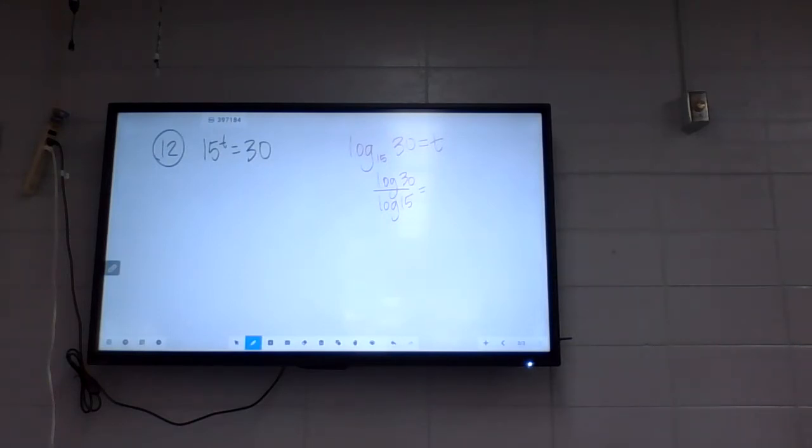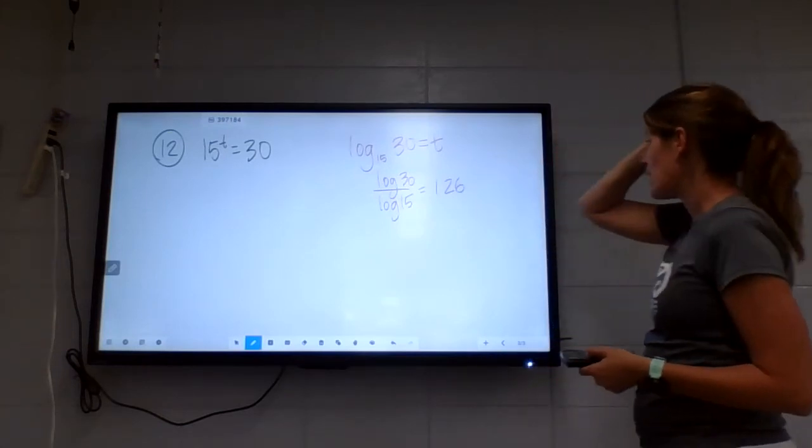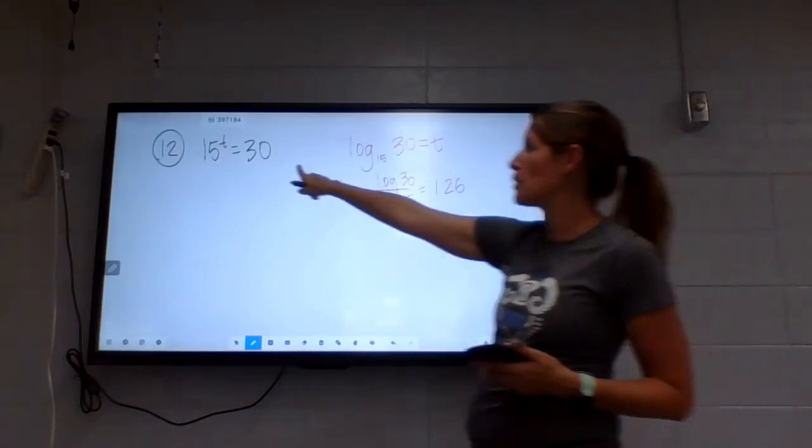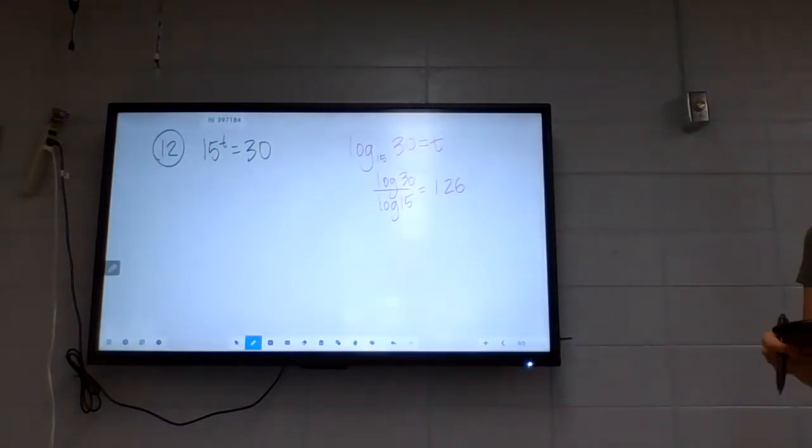Like 1.26, something like that. So that's what 15 to like the 1.26 power, if you check that, it should be close to 30. Just depends how much you round. Okay.